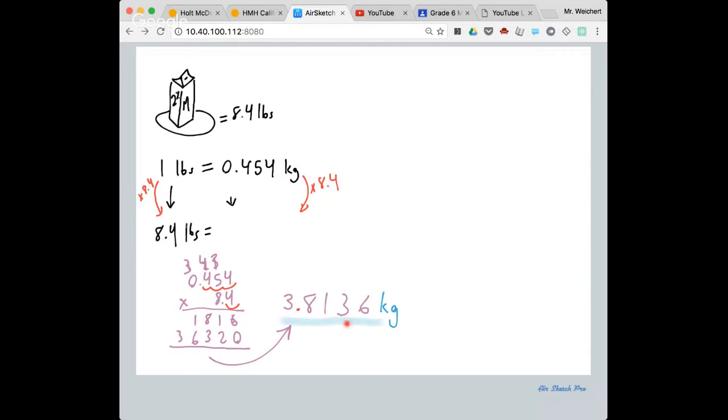So we needed 8.4 of these, did that, found this. So our 2% milk in kilograms weighs exactly 3.8136 kilograms. Milk, yeah, kilograms of milk. Good.